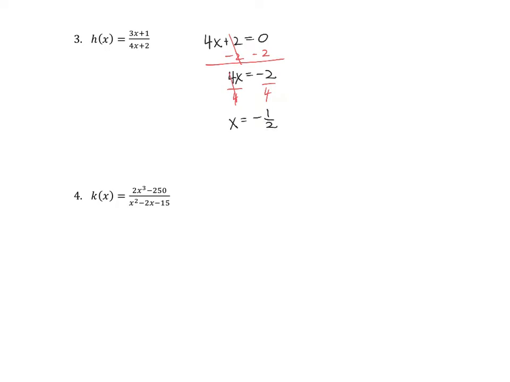This is my exclusion. x cannot be negative 1/2, because if I plug in negative 1/2 in the denominator, I'm going to get a 0, and I don't want that to happen. That means I can use anything else I want for x except that one value. To exclude a value, you go from negative infinity to that value with parentheses, union that value to infinity, just like I did in that extra example at the top.